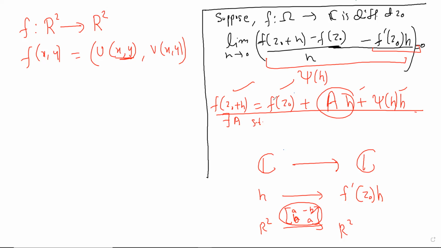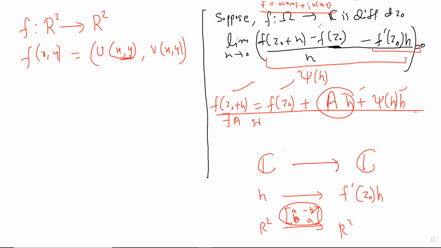Even this f, right from the start I should have said that f is u(x,y) plus i v(x,y). This is how we can look at our f.